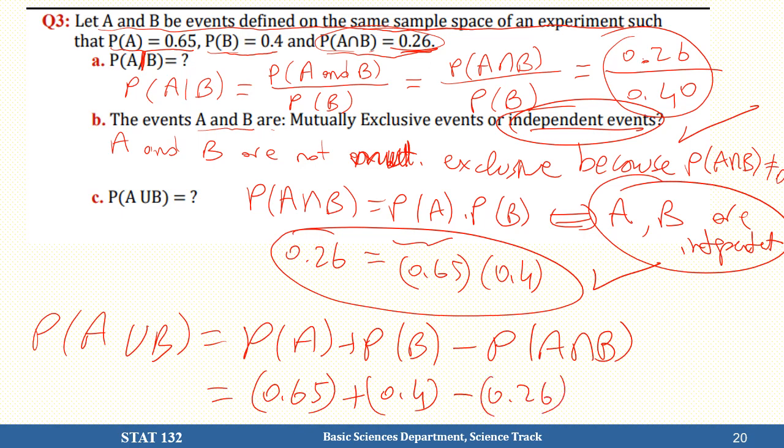So 1.05 minus 0.26, which is equal to 0.79, I guess. Yeah, 0.79.